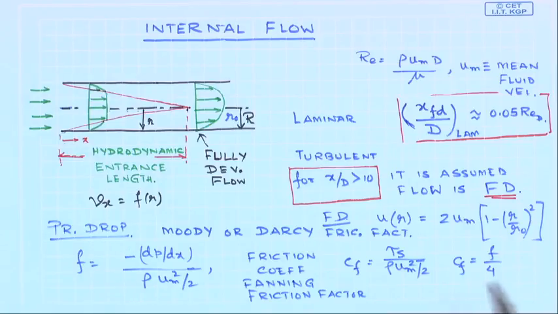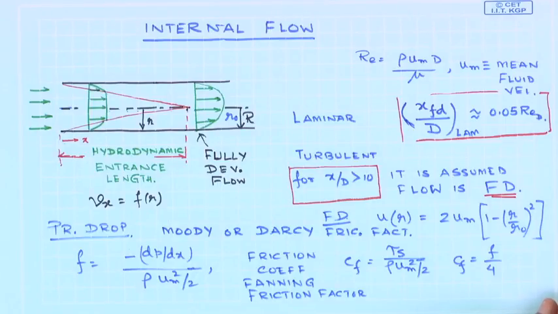So, there are two different types of friction factor used in fluid mechanics literature, f and Cf, and the relation between them is simply f by 4. There is no other difference. When you use the Moody diagram, what you get is the Darcy friction factor, f. The Fanning friction factor is Cf, and if you look at the definitions carefully, Cf equals f by 4.